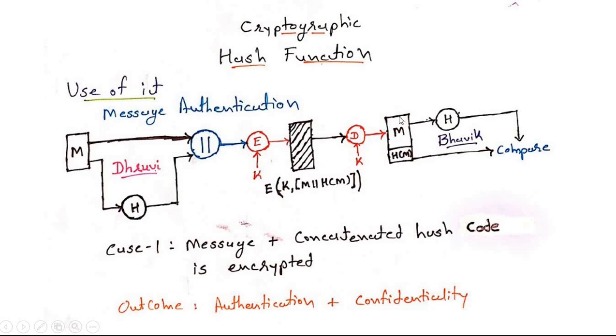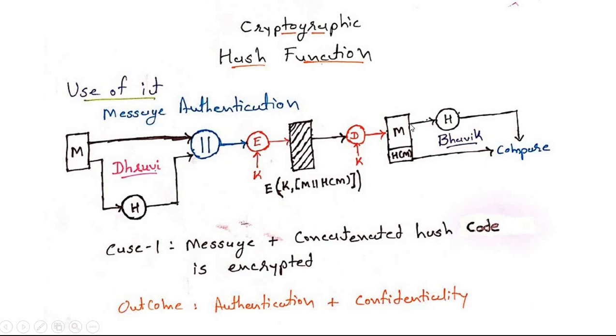Now whatever decrypted message is available to Bhavik is the message plus H of M, the output of the applied hash function. Get it? And Bhavik also has the same hash function which was applied by Dhruvi at the sender party.